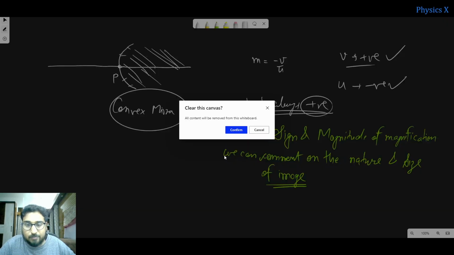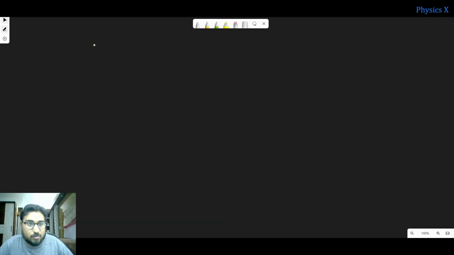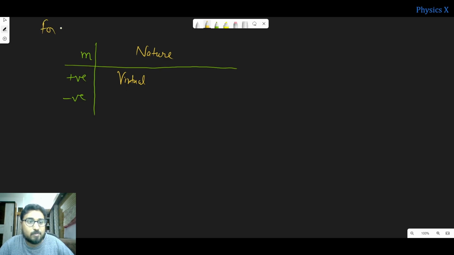So this is magnification. Magnification is positive or negative, and then you will be commenting on the nature. If it is positive, it is going to be a virtual image. This is for mirrors only.